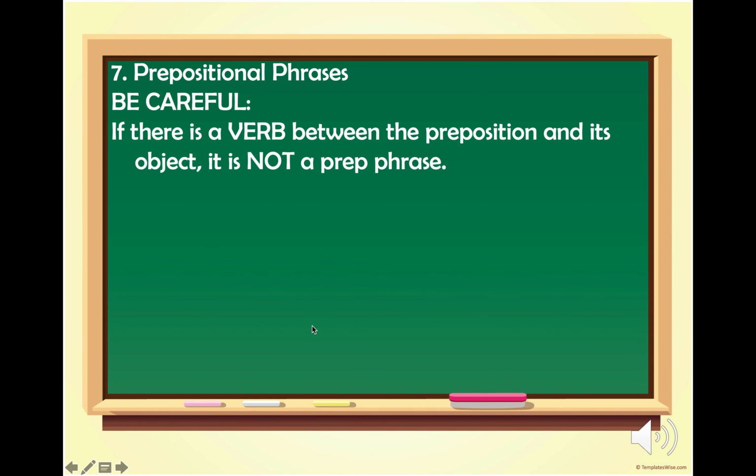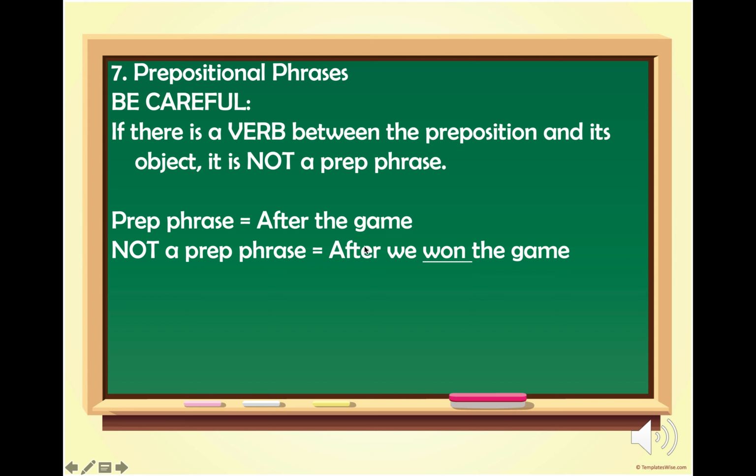Be careful with prepositional phrases, because if there is a verb between the preposition and its object, it's not a prepositional phrase. The prepositional phrase here, after the game, tells us when something happens. It's just the preposition and then the noun, game. But the word after can also be a conjunction.